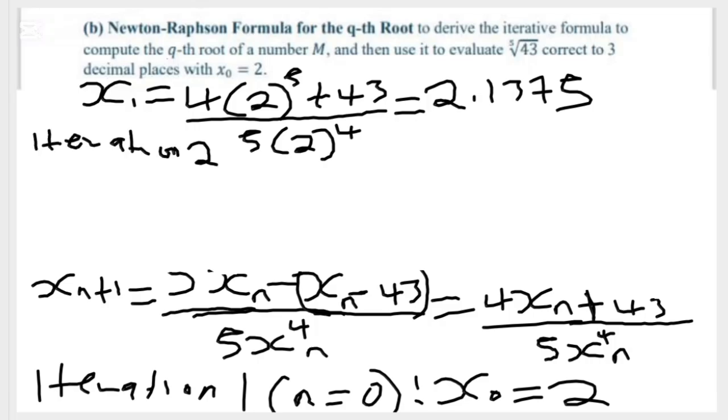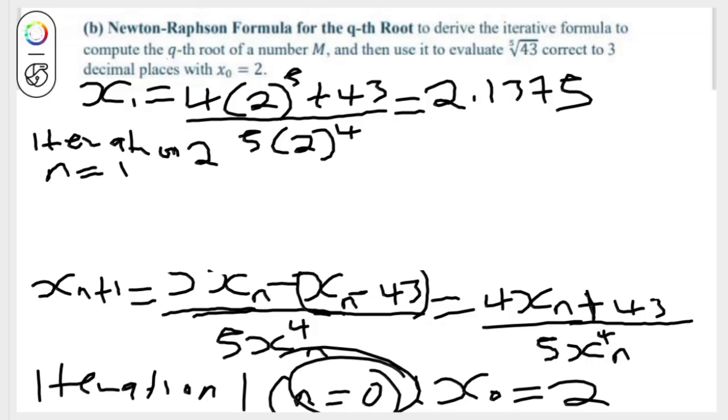But in iteration 2, n should now become 1, because in iteration 1, n is 0.